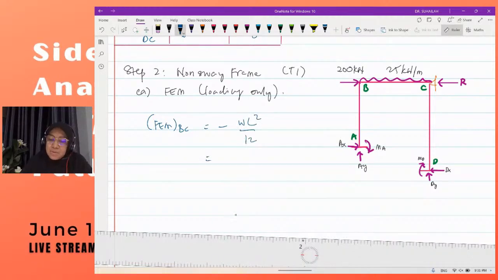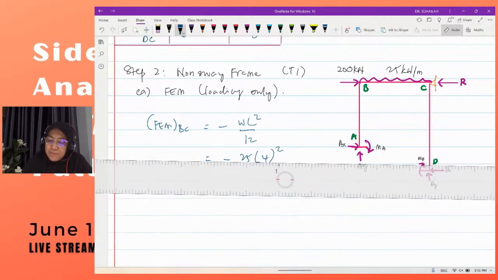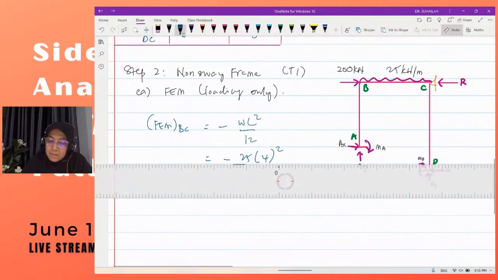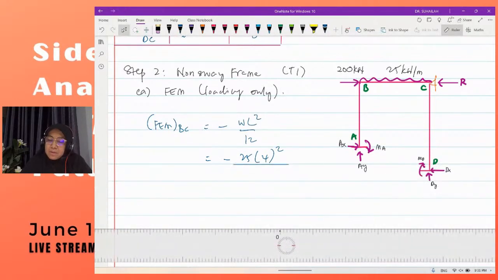And this is equal to negative, W is 25, 4 squared divided by 12. Please calculate what is the answer. It is negative because of behavior. FEM due to loading, FEM for BC is negative.